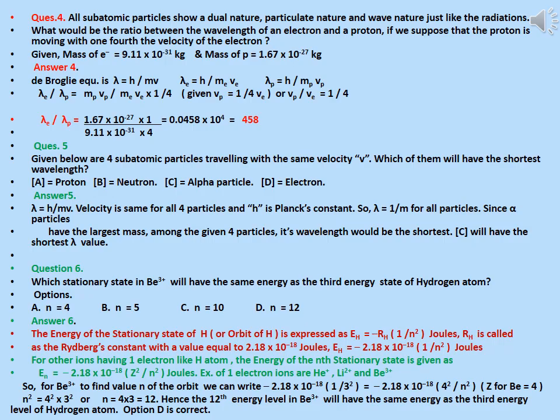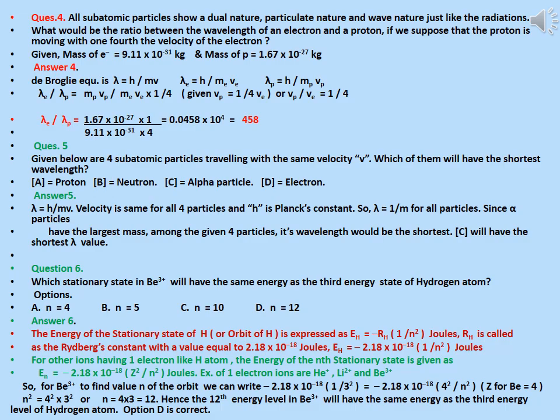That means lambda is inversely proportional to the mass of the particle. Since alpha particles have the largest mass among these 4 particles, its wavelength would be the shortest. Therefore, if you look at the options, option C is the right answer. Alpha particles will have the shortest wavelength.